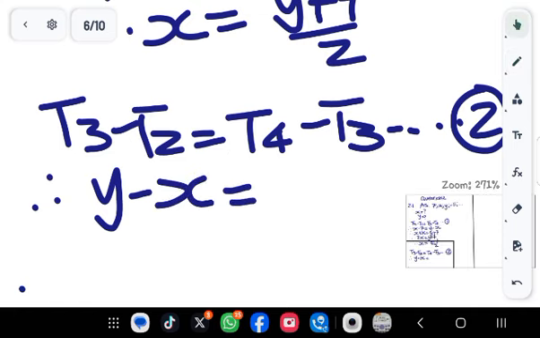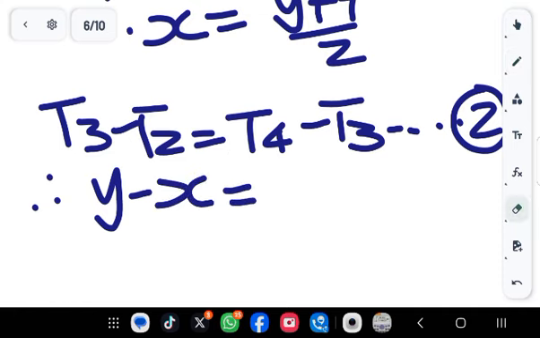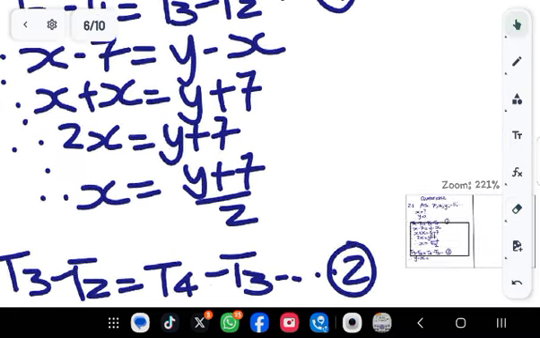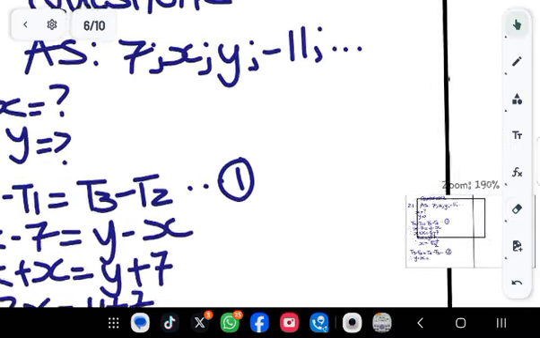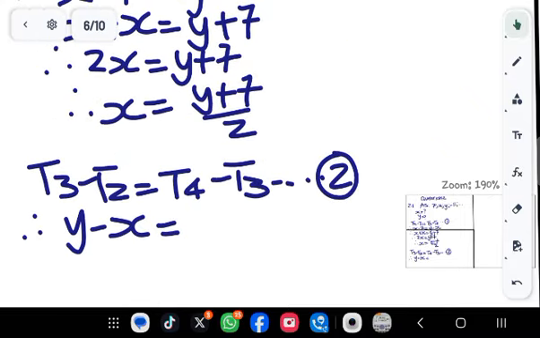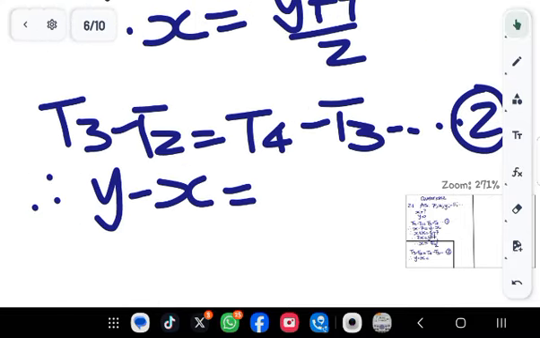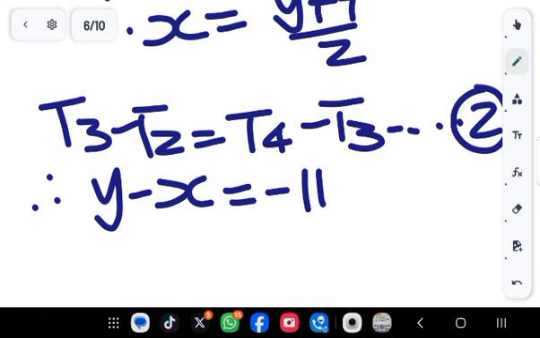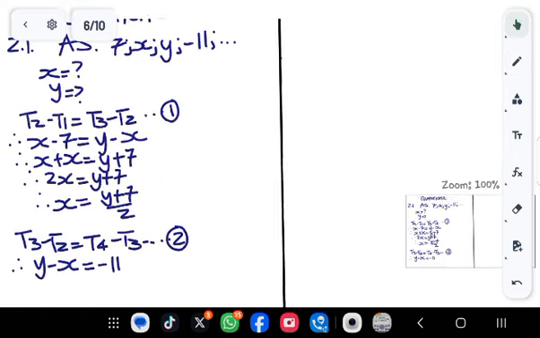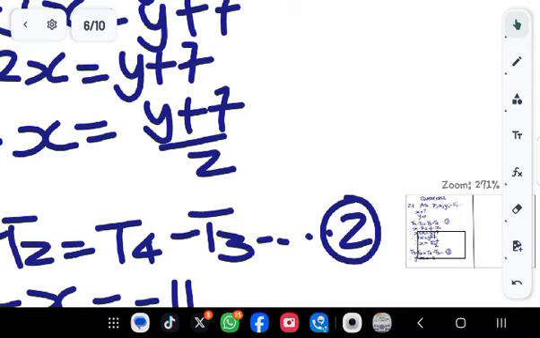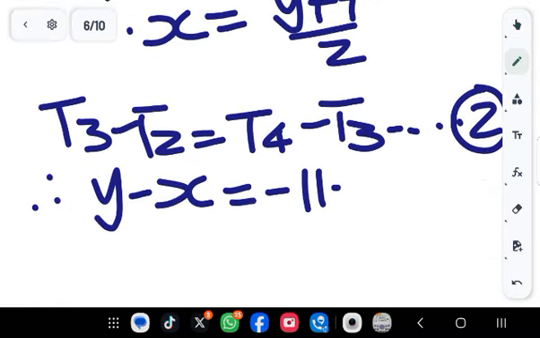Remember, these are simultaneous equations. You can solve them anyhow you like. There are 3 methods of solving simultaneous equations. You choose whichever works for you and use it. So that will be negative 11 minus y. That is the last one.